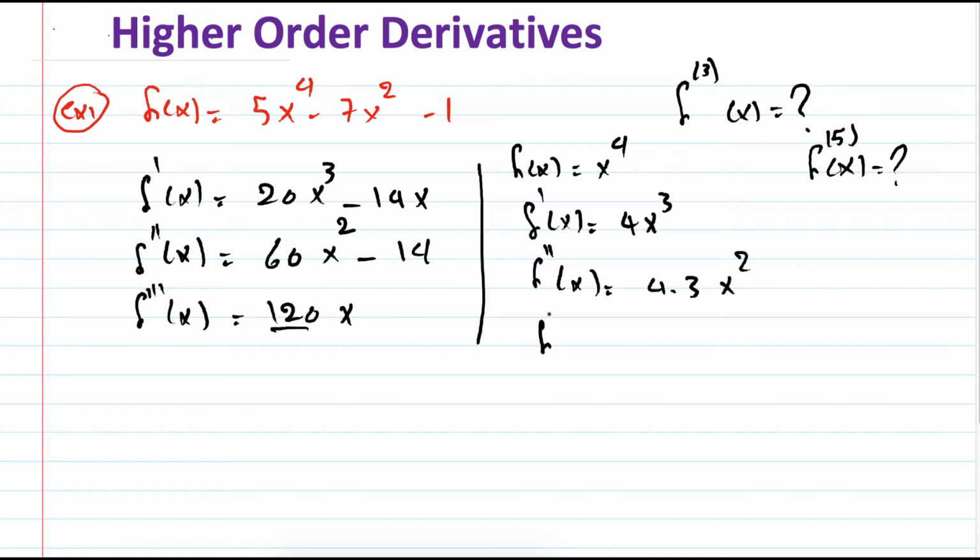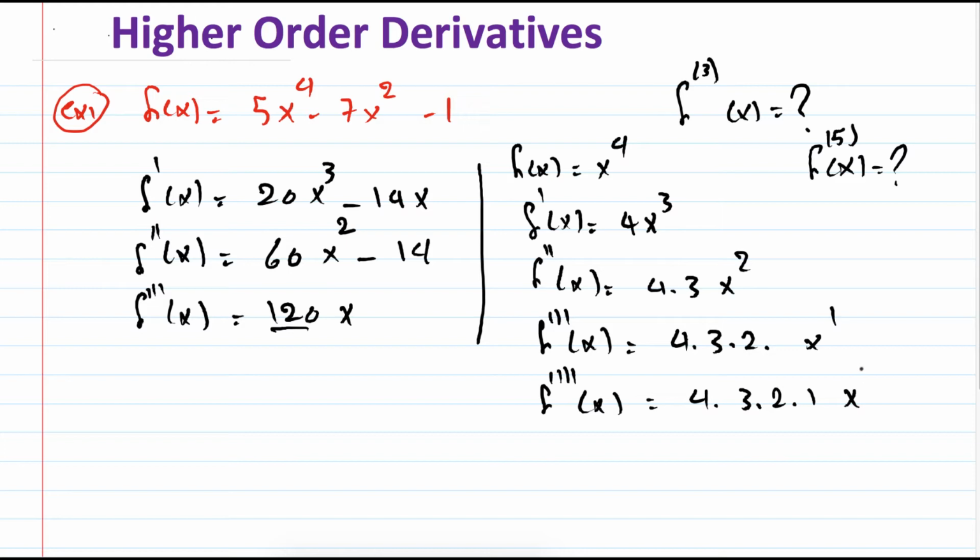The third derivative equals 4 times 3 times 2 times x to the 1. The fourth derivative equals 4 times 3 times 2 times 1 times x to the 0. X to the 0 is just 1. So as you can see, the fourth derivative is just a constant, 4 times 3 times 2 times 1. The fifth derivative is 0, because the derivative of a constant is 0.